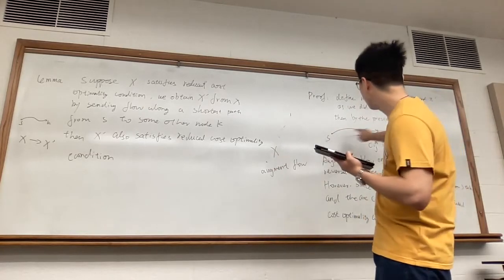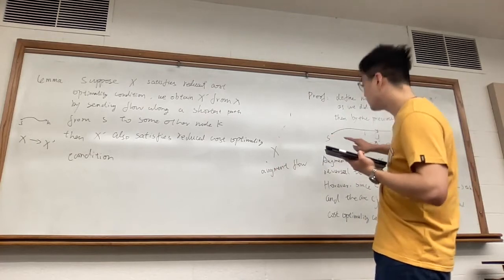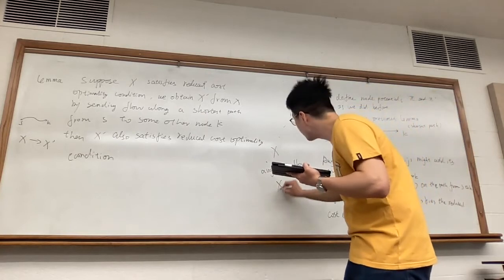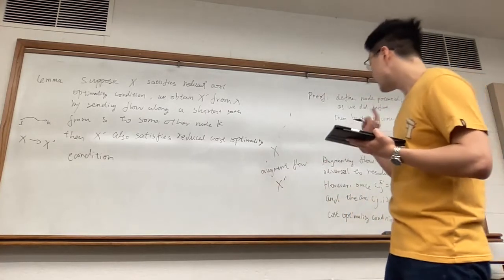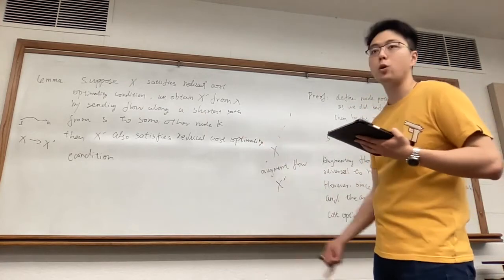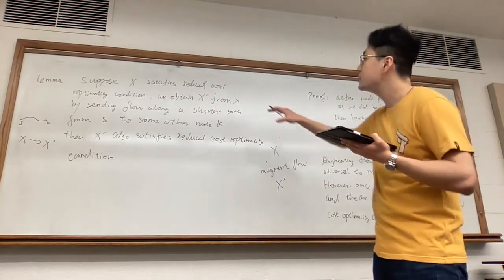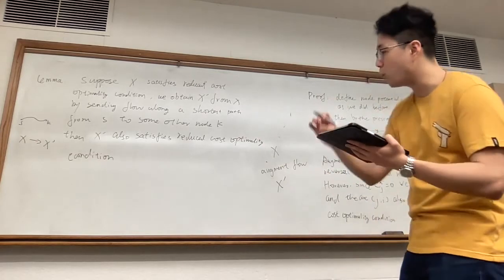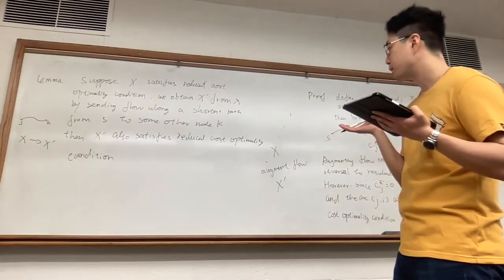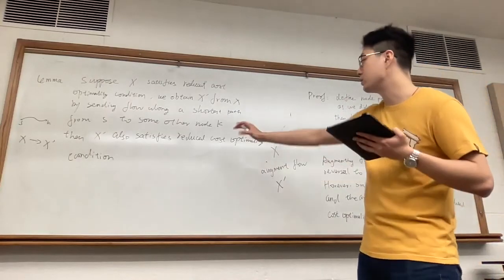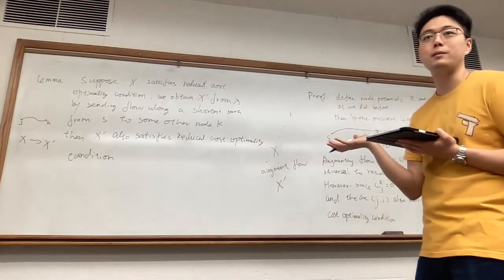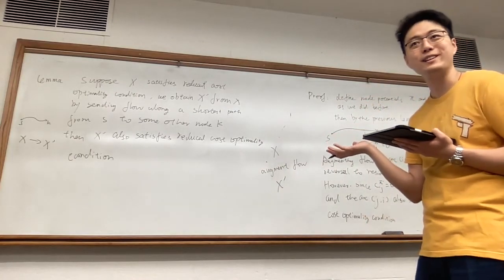You augment flow along this shortest path, and you get x prime. This tells you that in x prime, the reduced cost optimality condition is also satisfied. So this lemma guarantees that whenever you augment flow in this manner, you still get some flow x prime which satisfies the reduced cost optimality condition. That's why we want to talk about this lemma. Is that clear?